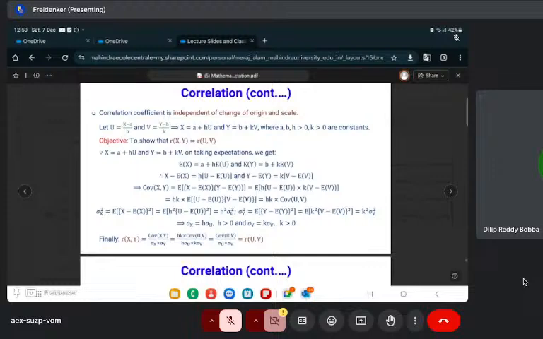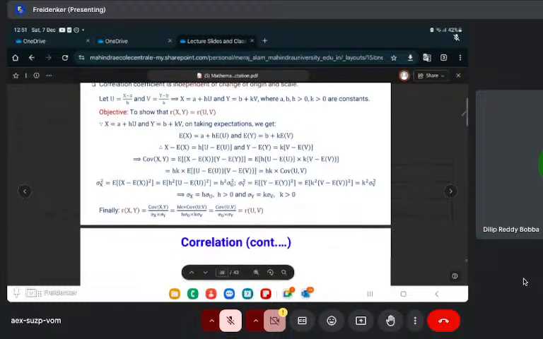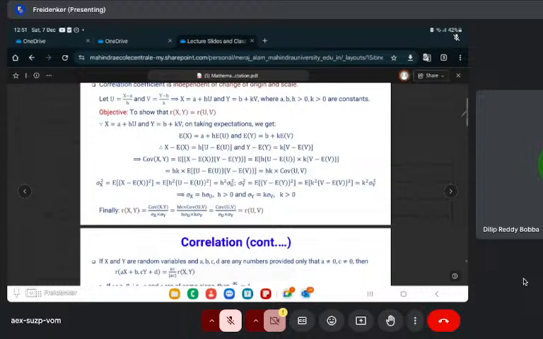I think correlation of u and v is given, and we want to find correlation of x and y, something like that. Fine. There's nothing much here, in the sense there is one piece of information: correlation is independent of change of scale and origin. Covariance is independent of change of origin, but change of scale does affect covariance.